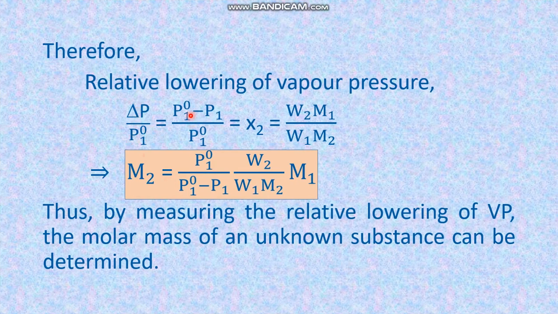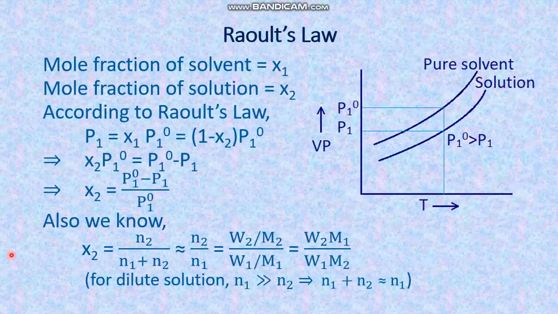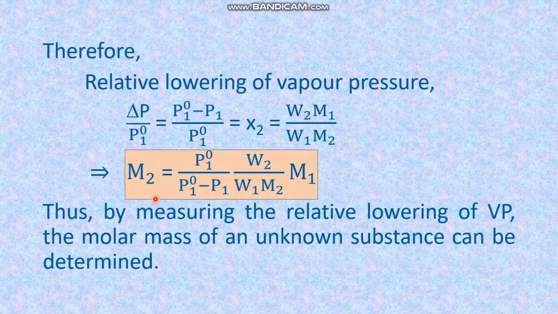Therefore, the relative lowering of vapor pressure delta P by P10, which we have found is x2, equals P10 minus P1 by P10. It is actually obtained from Raoult's law. So x2 is the relative lowering of vapor pressure, and this is equal to W2 M1 by W1 M2.